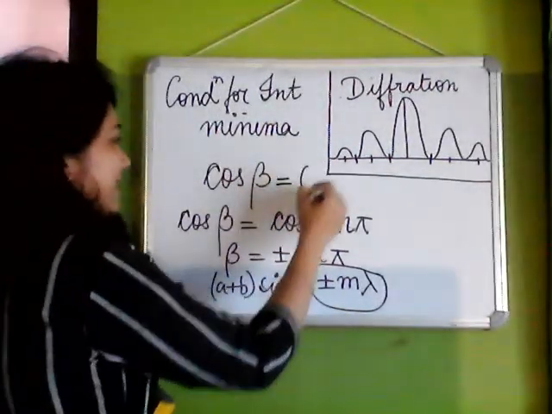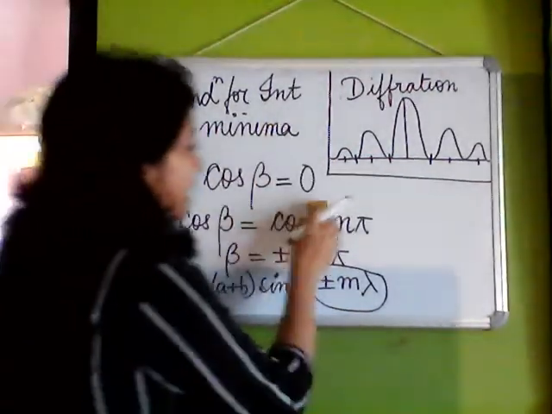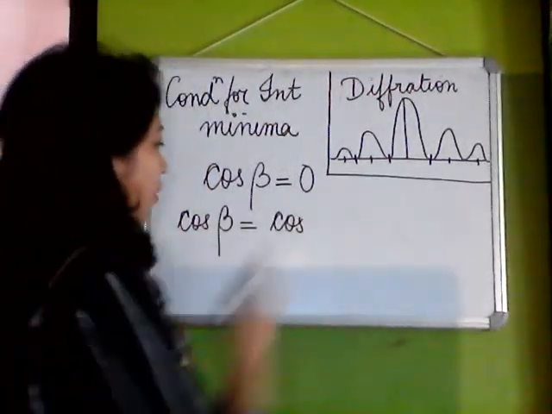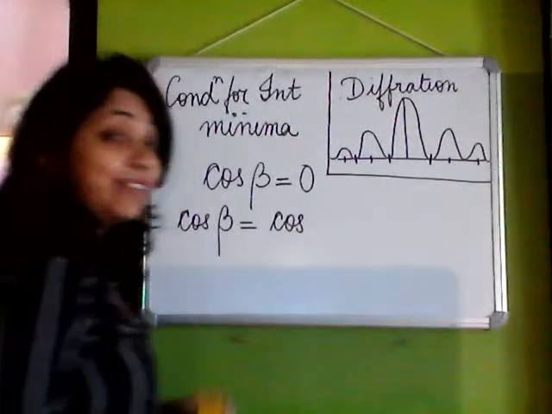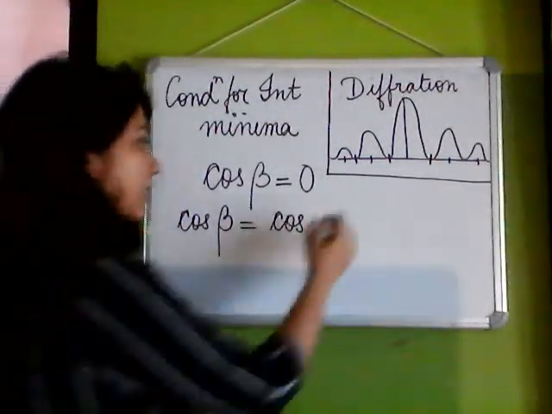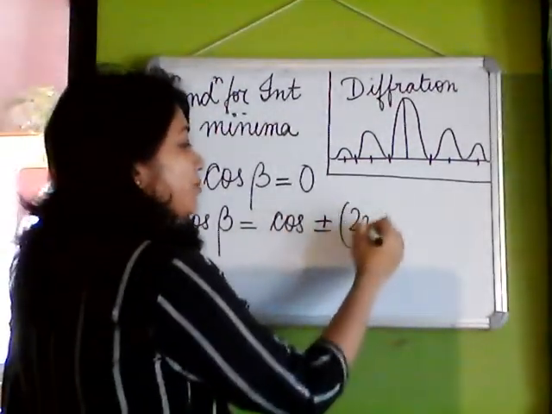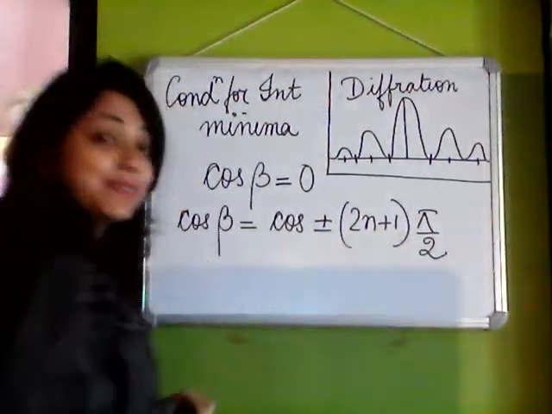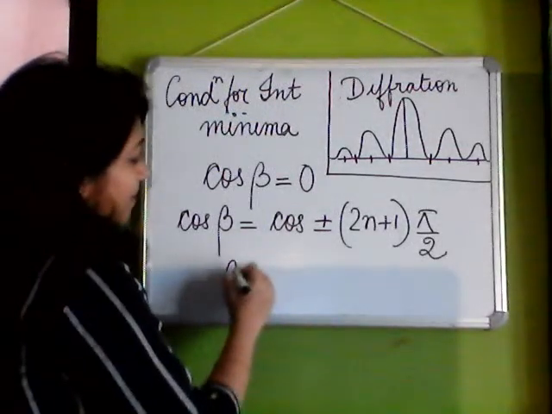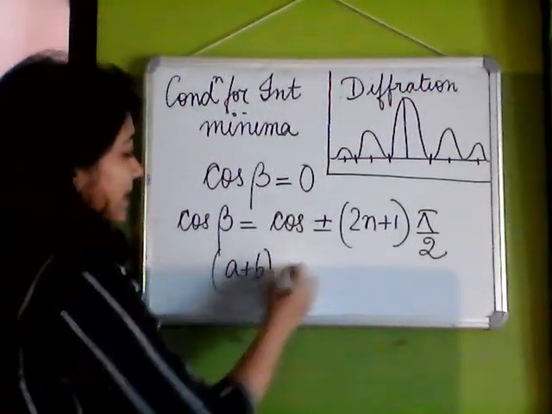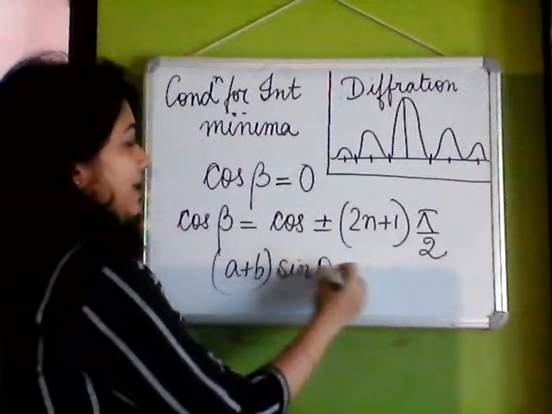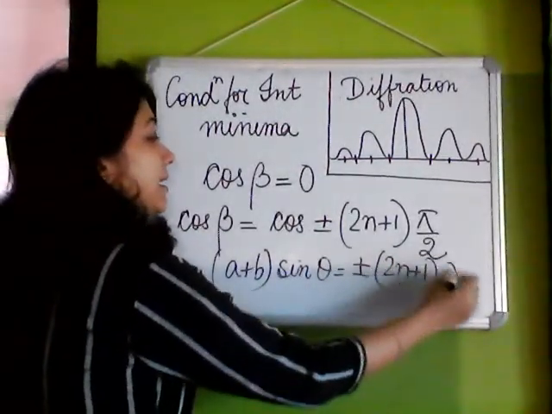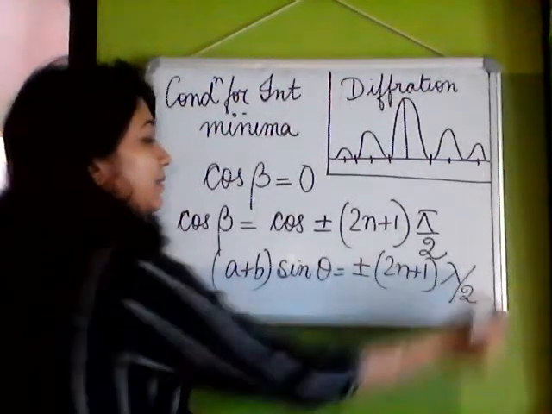And in this scenario, going back to the same kind of calculation, you all will agree with me that this can only occur for (2n plus 1) pi by 2 values, or (a plus b) sine theta is plus minus (2n plus 1) lambda by 2.